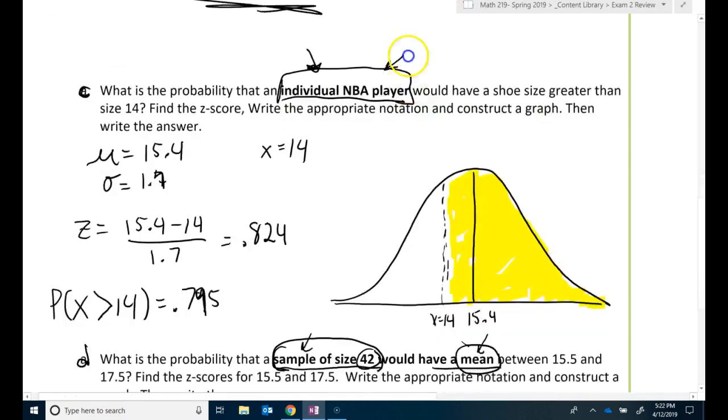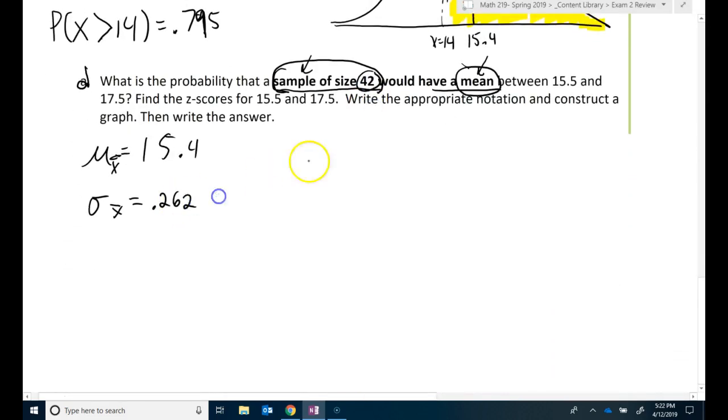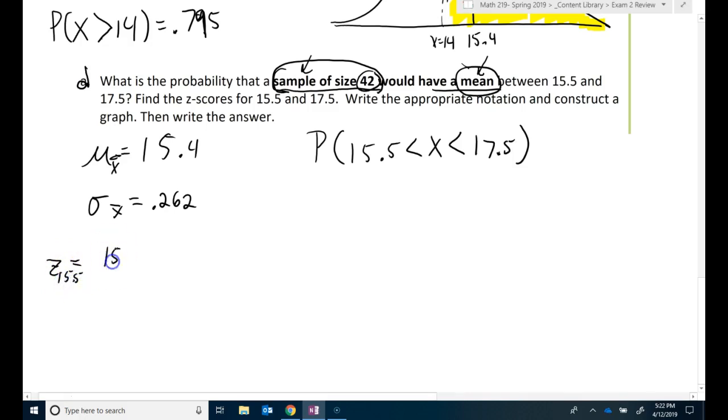We're looking for the probability that x bar is between 15.5 and 17.5. And so now I need to find my z-scores. So the z-score for 15.5 is going to be 15.5 minus 15.4 divided by 0.262. That's going to be very different than if we utilized 1.7. I promise you that.